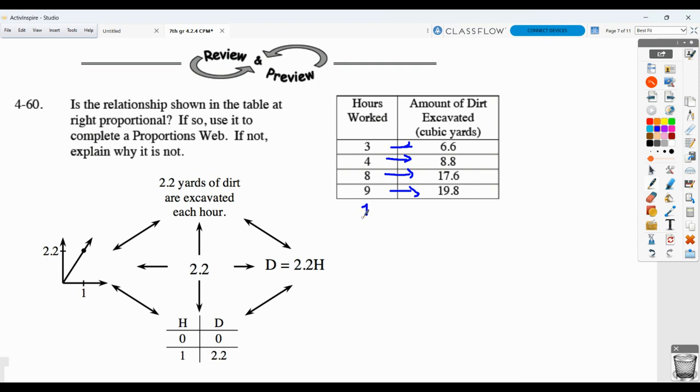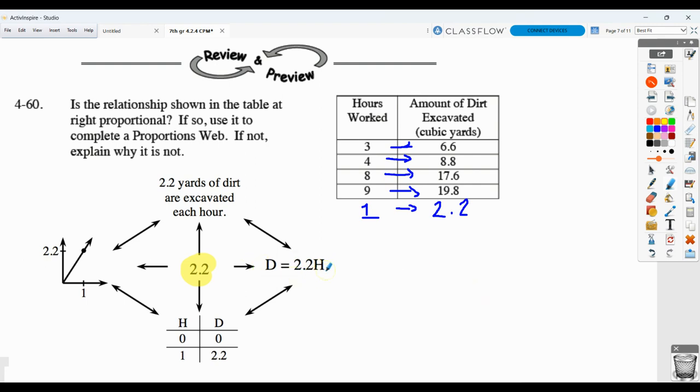Because again, unit means how much in one. So 2.2 yards of dirt are excavated each hour. Then another thing they're asking for in a proportions web is, what is the constant of proportionality? The constant of proportionality is just that multiplier. It's that 2.2.